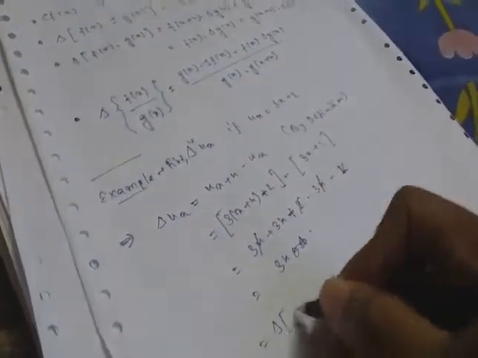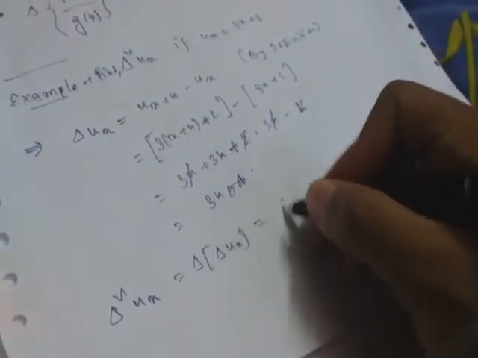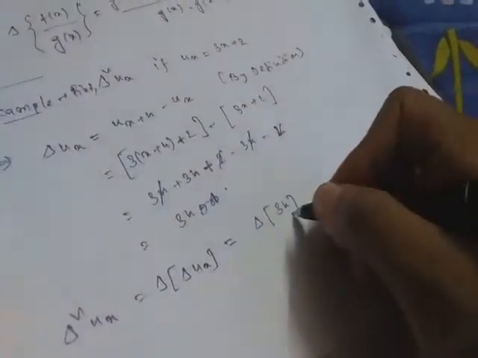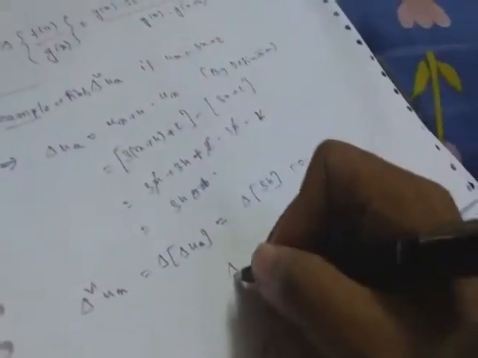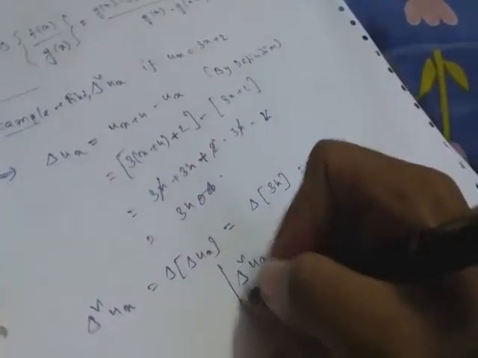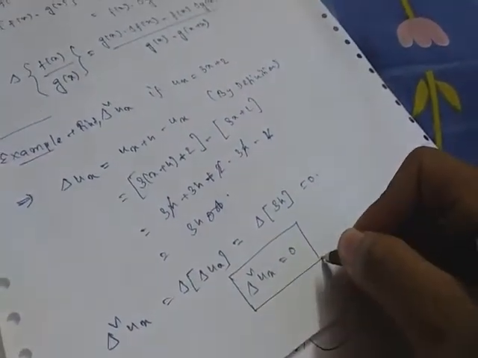Then these two also get cancelled, and we have 3h. Now this 3h term is entirely constant, so if we operate the difference operator on a constant, it turns to 0. So del 2 u of x will be nothing but del of del u of x, right? Which will be equal to del of 3h. Now del of any constant is equal to 0. Therefore our answer will be 0. This kind of problem is very common for both the board case and also the competitive case.